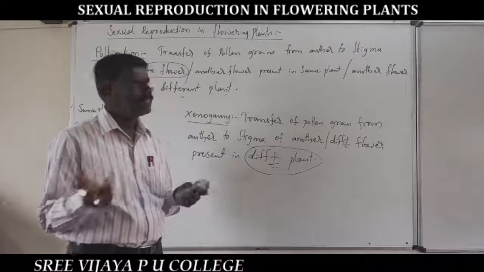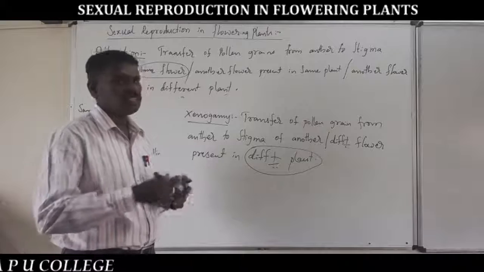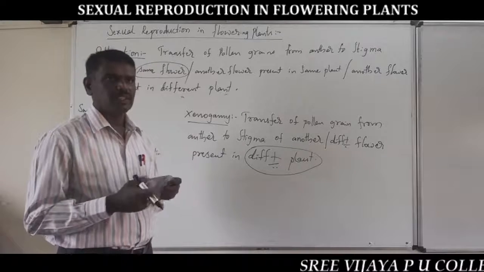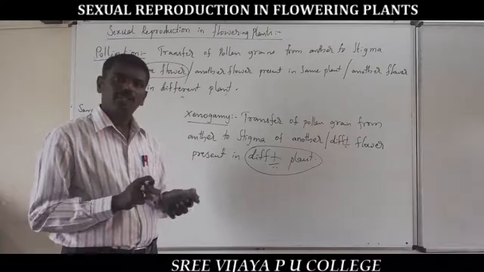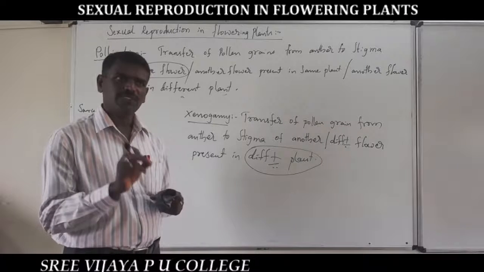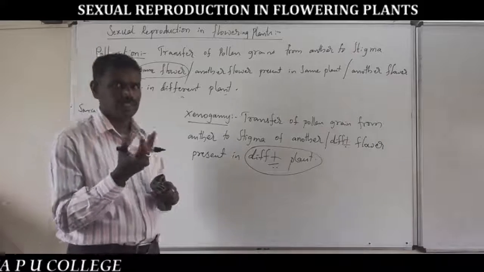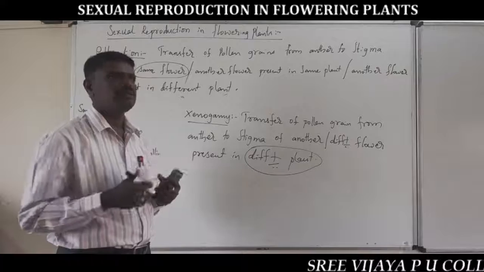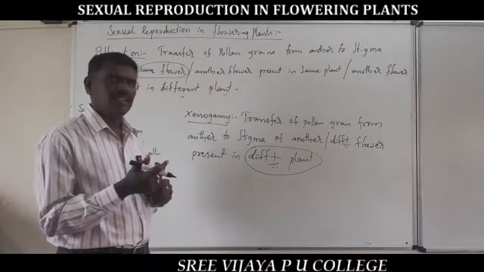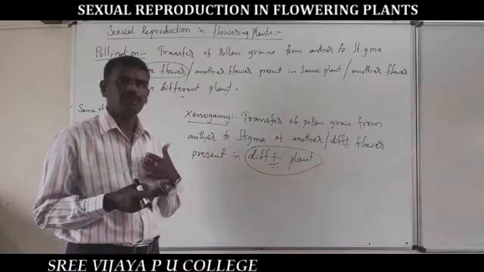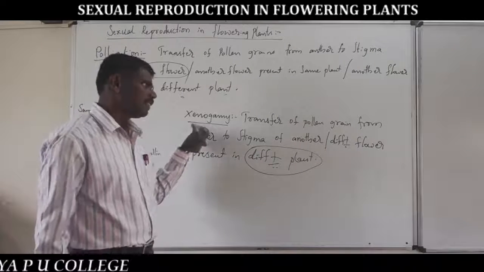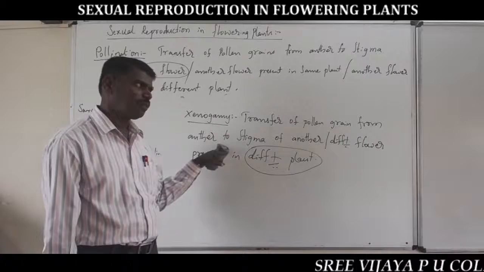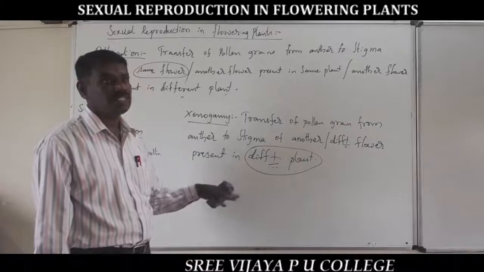If it is a different species, pollination may occur, but fertilization, that is pollen germination, does not occur. If it is the same species, germination of the pollen grain depends upon the chemical constituents present on the stigma. If the chemical analysis of both is the same, it allows germination on the stigma. Otherwise it is not allowed to germinate on the stigma of another species. So xenogamy is the transfer of pollen grain from the anther to the stigma of a different flower present in a different plant.